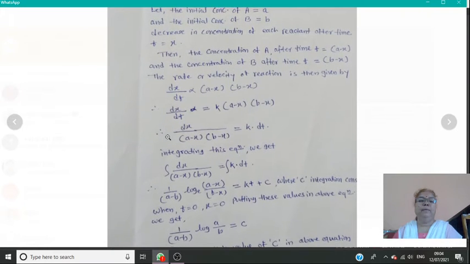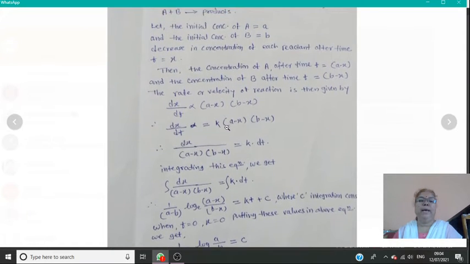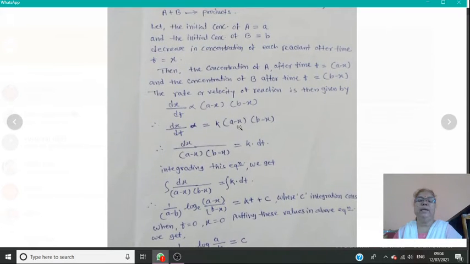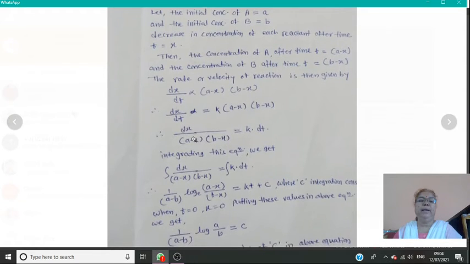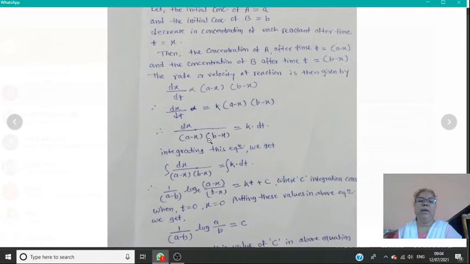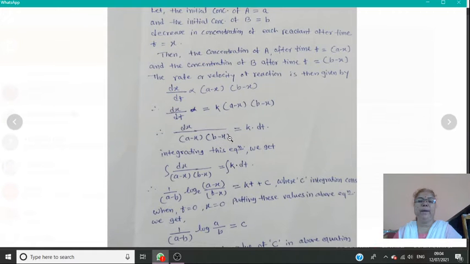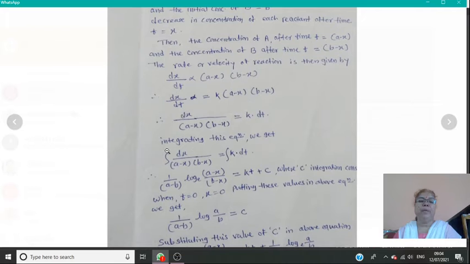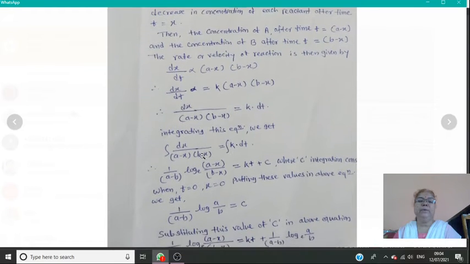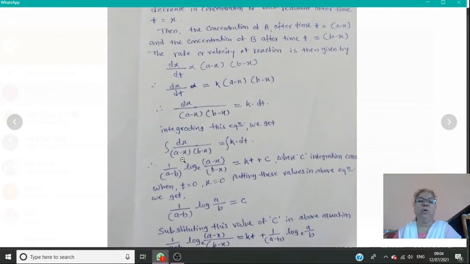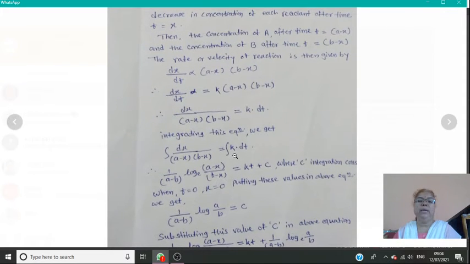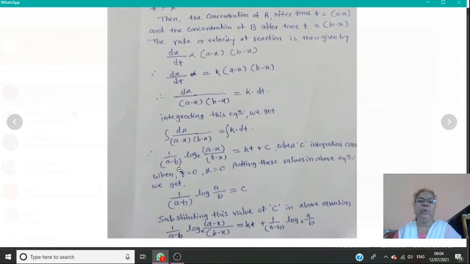Therefore, rearranging this equation, dx by dt is equal to k into (a minus x) into (b minus x). We get dx upon (a minus x) into (b minus x) equal to k into dt, and integrating this equation, integration of dx upon (a minus x)(b minus x) is equal to integration of k into dt.